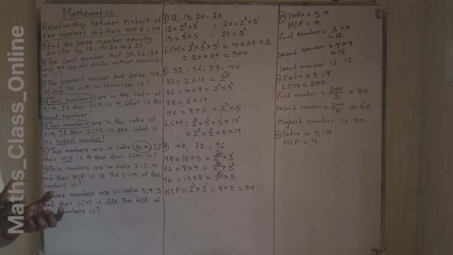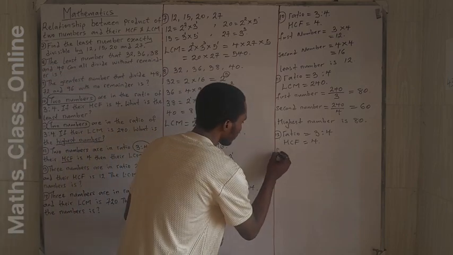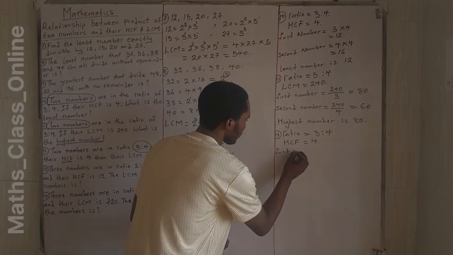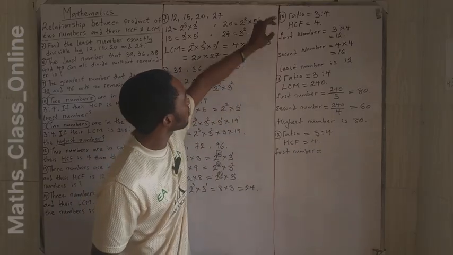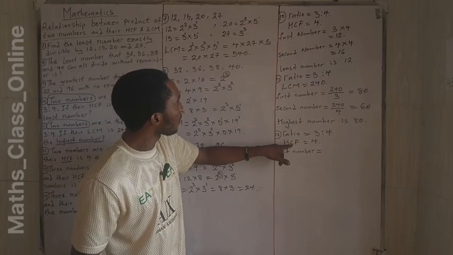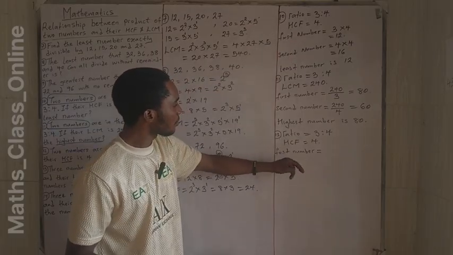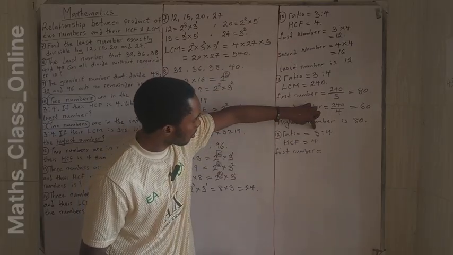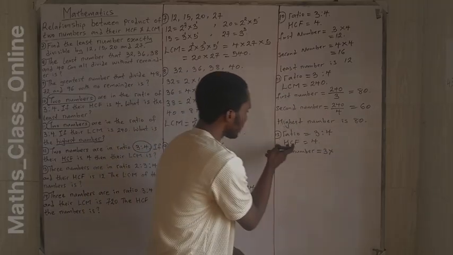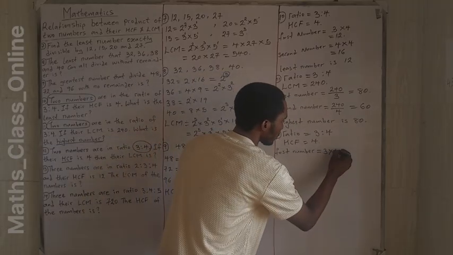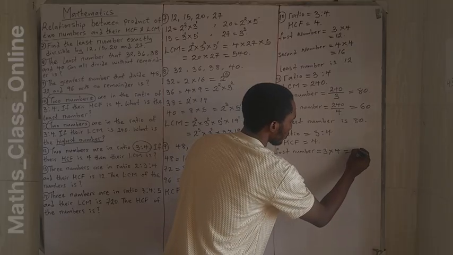Let's first of all find the numbers. The first number. Now you can see that this is the same as number 10. We have HCF here. The first number we have in the ratio is 3, multiplied by the HCF, 4, which is equal to 12.